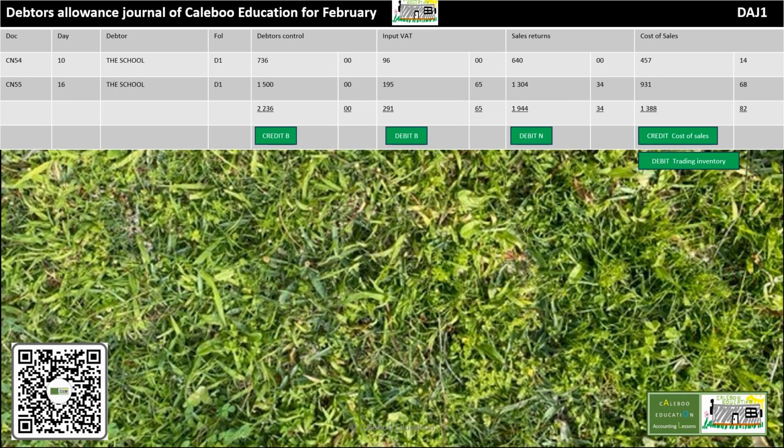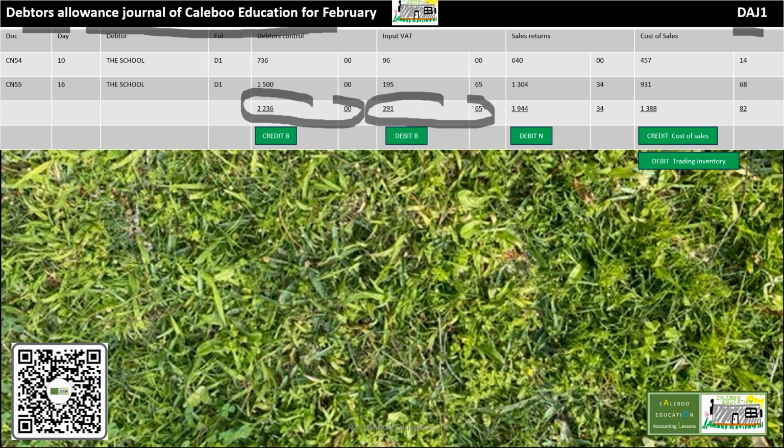Okay, we've moved into the backyard, and in front of you, you have the completed Debtors Allowance Journal for February, Debtors Allowance Journal number 1, and what we've done is we've totaled up the columns.